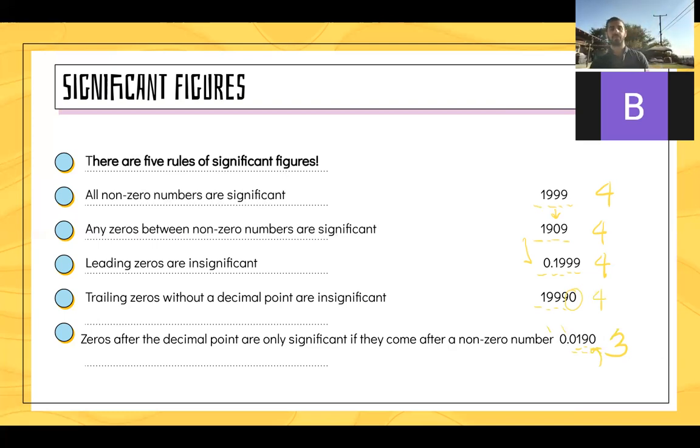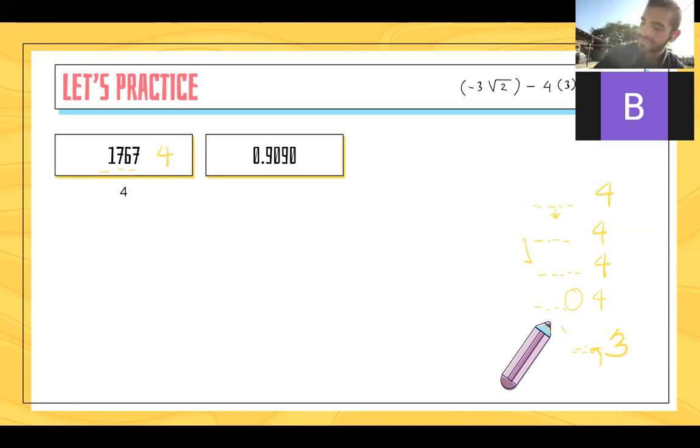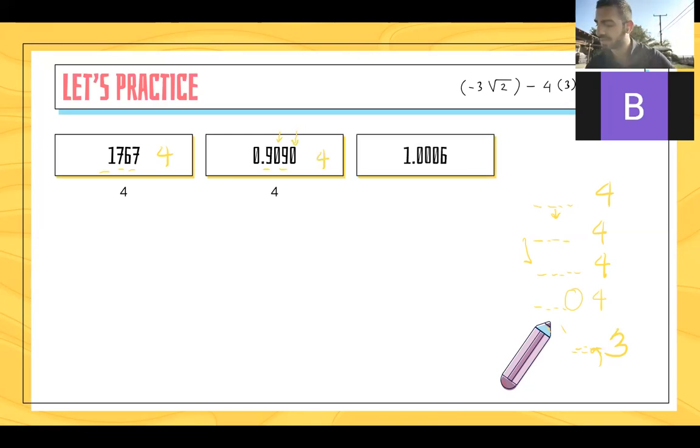Okay. So let's practice. 4 non-zero numbers here. We have 4 significant figures. 0.9090, 2 non-zero numbers, 2 zeros, but they come after significant figures. We have 4 here as well. I'm gonna clear really quick. 1.0006.